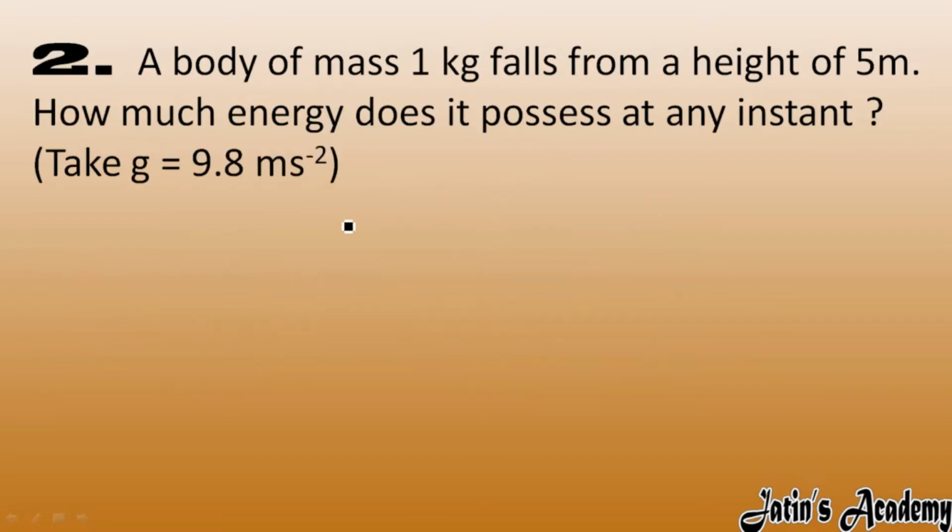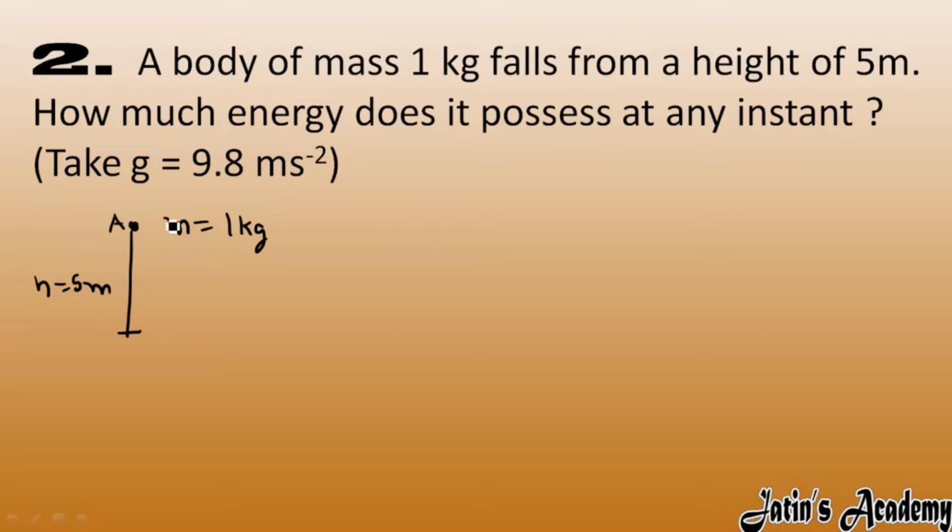Next, a body of mass 1 kg falls from a height of 5 meter. How much energy does it possess at any instant? So for example, a body of mass 1 kg is initially at a height of 5 meters from the ground. Now we have to calculate how much energy it possesses. According to the law of conservation of energy, energy at each and every point is the same, so we can calculate energy at any point. Let's calculate the energy at point A only.